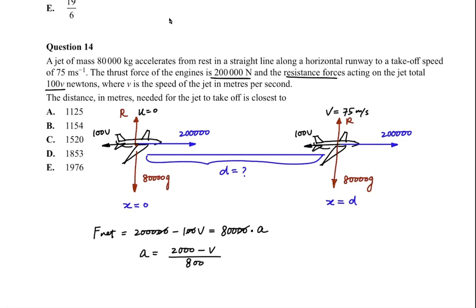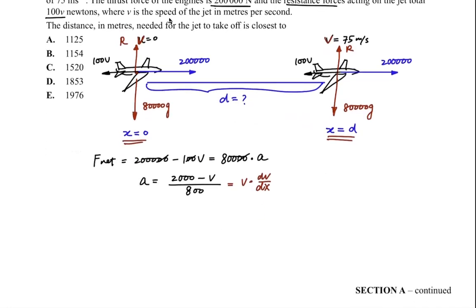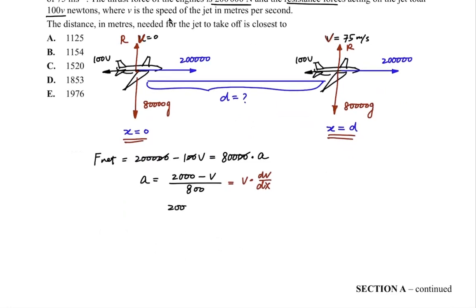Now we have velocity or speed and position or distance. So I'm going to use v times dv/dx to do the following calculus. If you separate the variables, you have (2,000 take away v) over 800 equals v dv/dx.